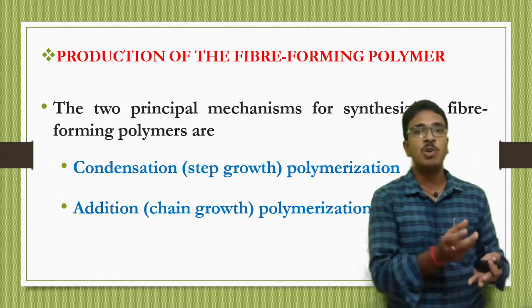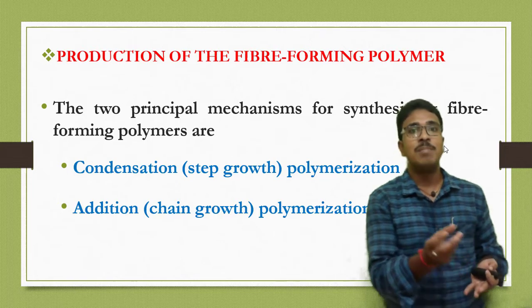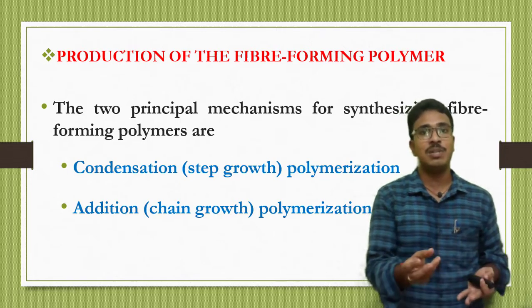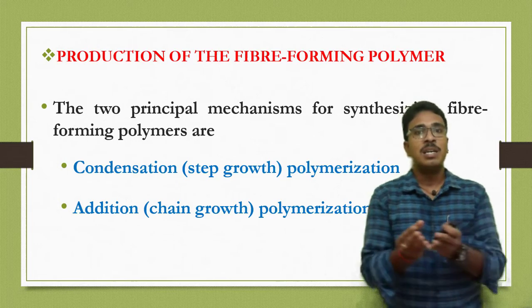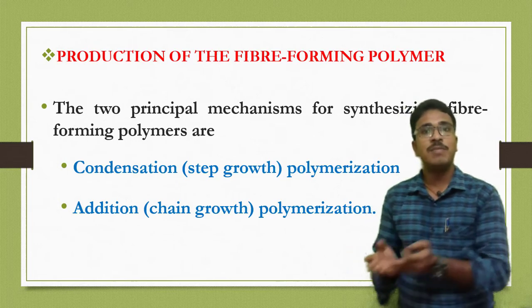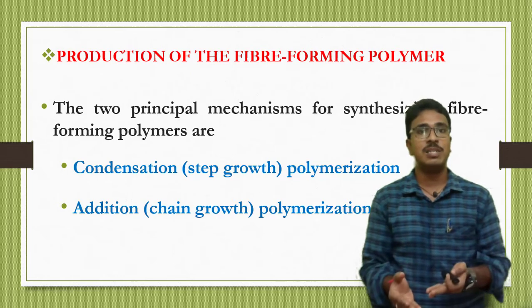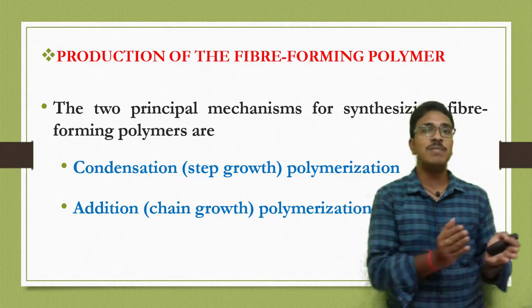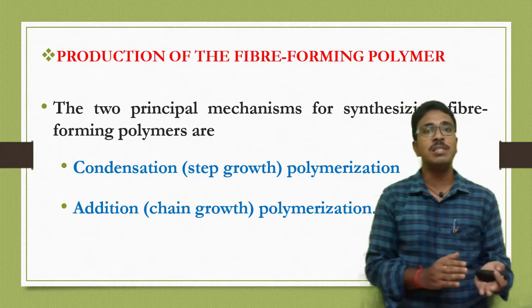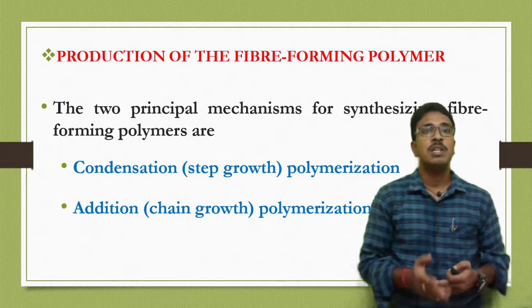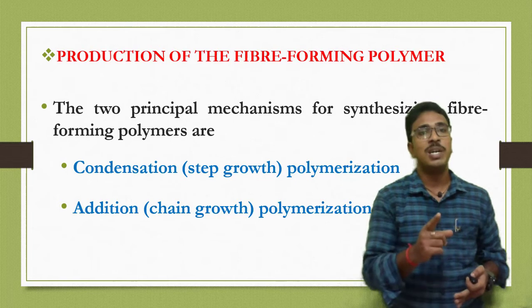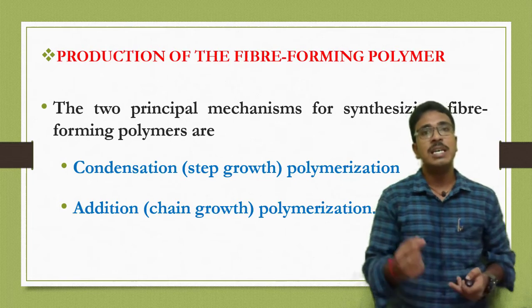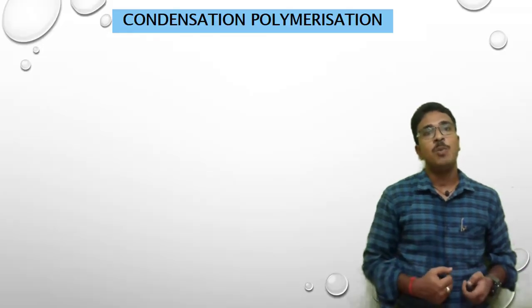Mono stands for single, mer stands for unit, that is a single unit. A polymer is made up of many units built from small units. That process of converting monomer to polymer is called the polymerization process. There are two important principal mechanisms of polymerization: one is condensation polymerization, the second is addition polymerization.